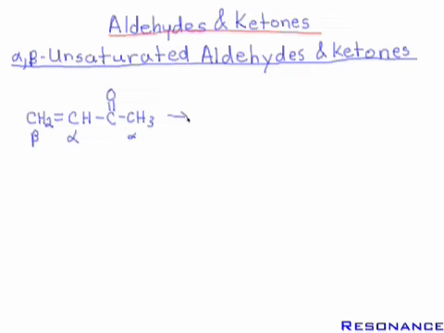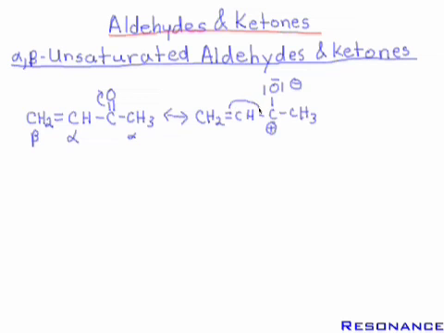I can, for example, move the pi electrons out towards the oxygen and produce a minor resonance contributor, which produces an electron deficient carbon. Negative charge on oxygen, positive charge on carbon. Carbon has only 6 electrons, so it's a minor contributor.